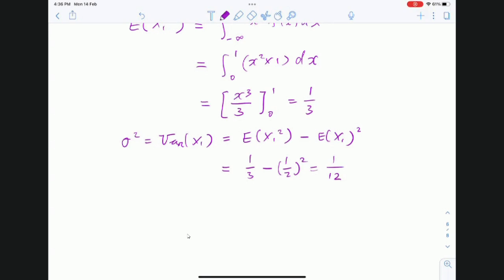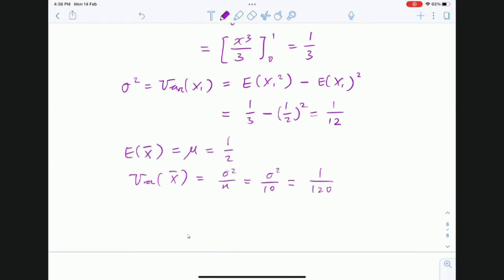So finally, we have the expectation of the sample mean equal to half, and the variance of the sample mean equal to sigma square over n, sigma square over 10, because we have a sample of size 10, which is the reciprocal of 120.